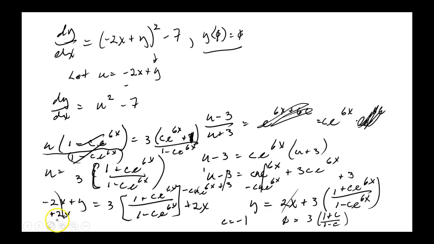Okay, let me get this written. Just the final answer, if I can find my final equation. Y is equal to 2x plus 3, and the way they wrote it was 1 minus e to the 6x over 1 plus e to the 6x. Okay. Yep, that's what we got.